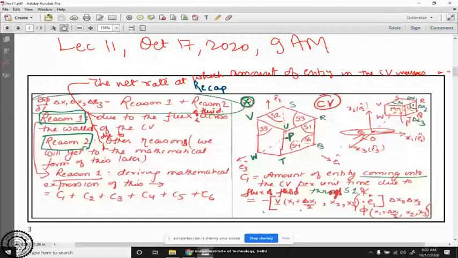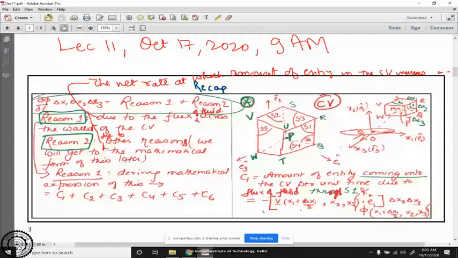And reason two is everything other than flux. So this statement describes reason two: the net rate at which the amount of entity in the control volume increases due to all other reasons.